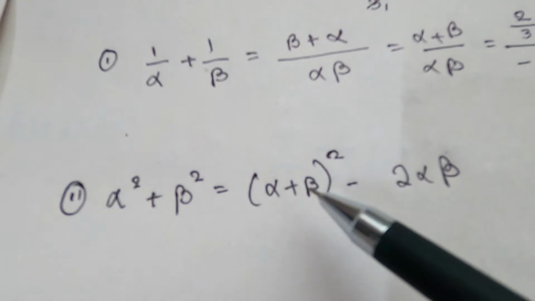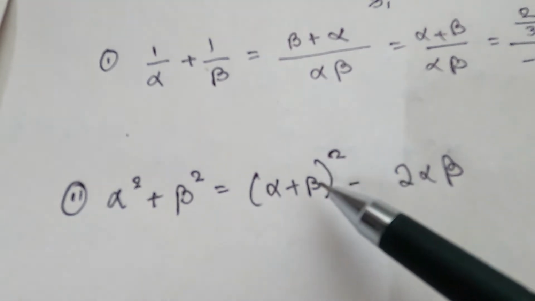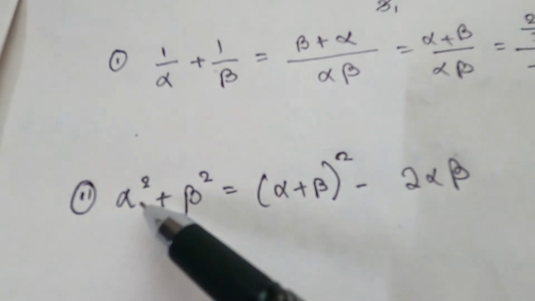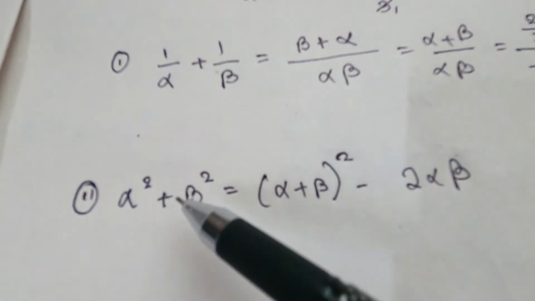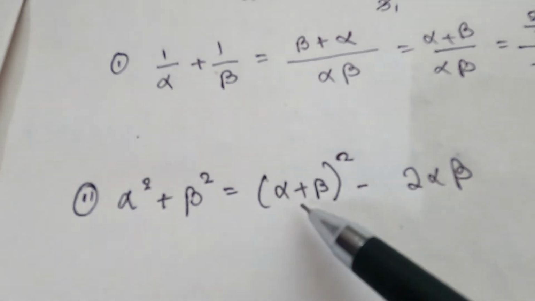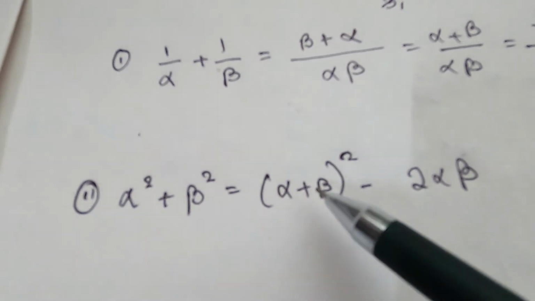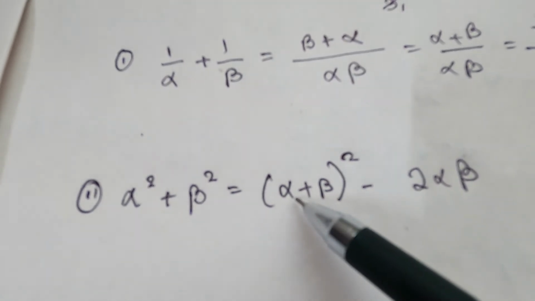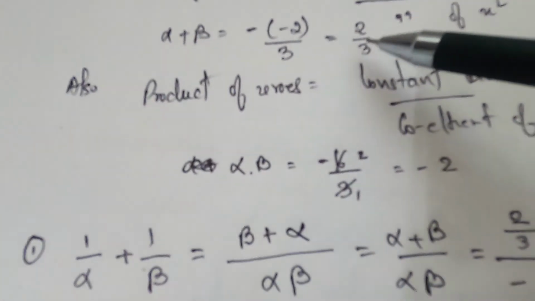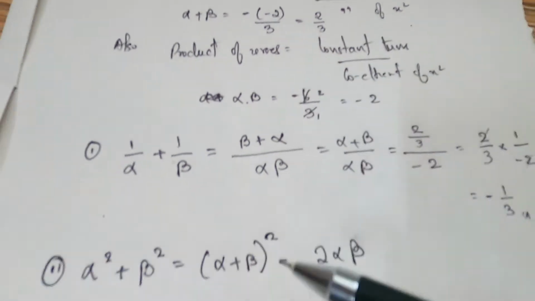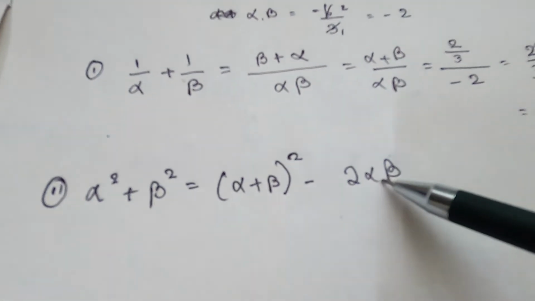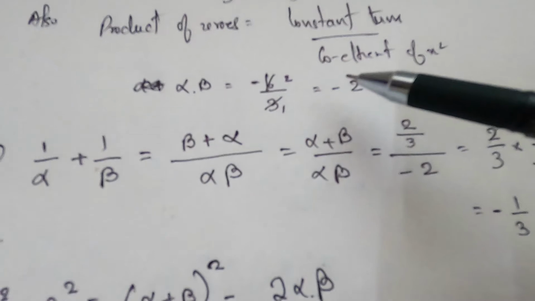I will show you why we are writing it like this. There is no direct formula for alpha square plus beta square, so we rearrange it this way so that we get the value of alpha plus beta, which is 2 by 3, and alpha beta, which is minus 2.